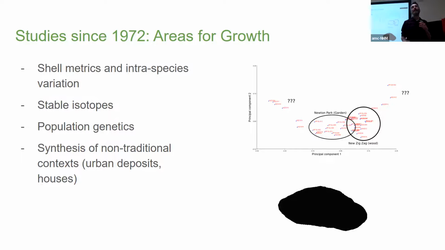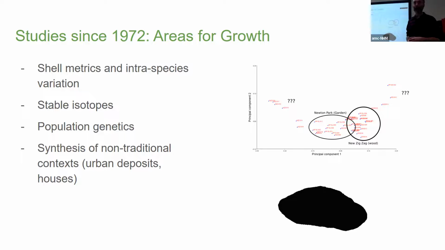Again, this is something to complement the kind of work that John's been doing with Cochlicella acuta. It might be very nice to look at population genetics across Europe and see if we can find an origin for these late Neolithic Cochlicella.